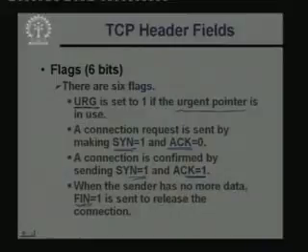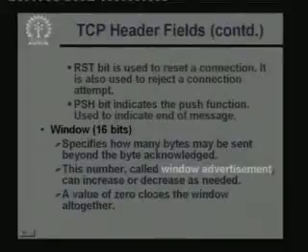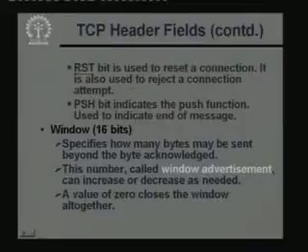When the sender has no more data, FIN equal to 1 is sent to release the connection. That means now the connection can be terminated. There is a reset bit, RST. This is used to reset or to reject a connection request. There is a push flag. This is used typically to indicate end of message.